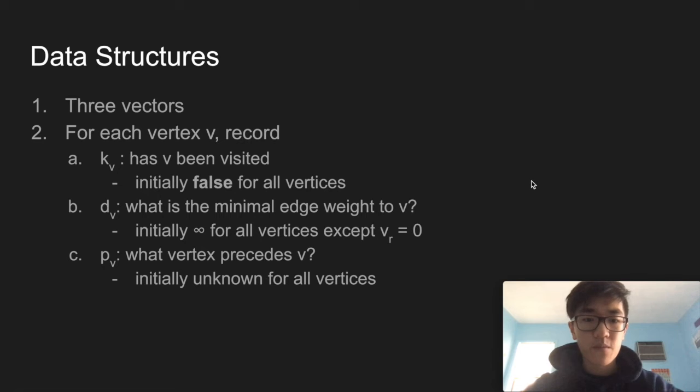Second, we want to record what is the minimal edge weight to vertex v, denoted by d sub v, and this is initially infinity for all vertices except the root vertex, which has edge weight 0. Lastly, we want to keep track of the vertex that precedes the current vertex, p sub v, and this value is initially unknown for all the vertices.